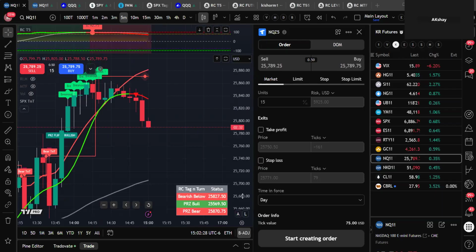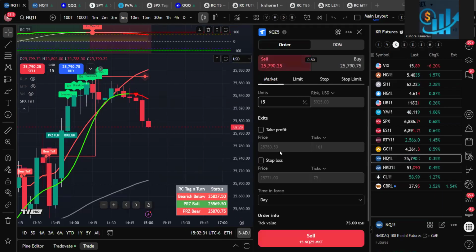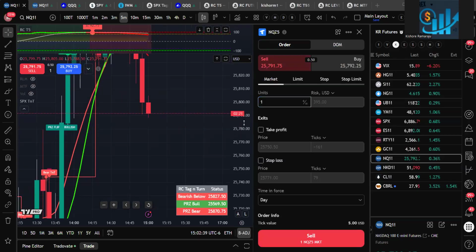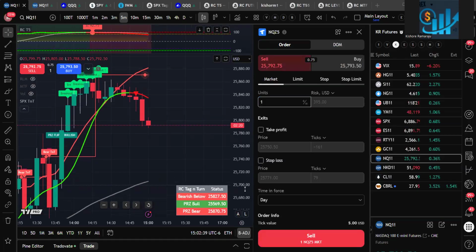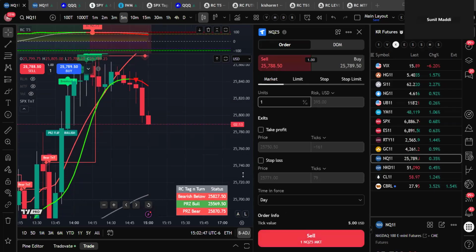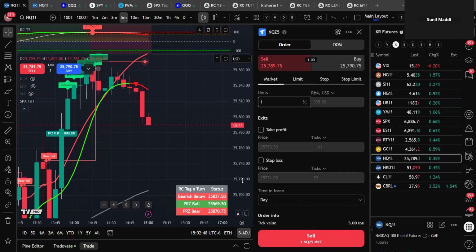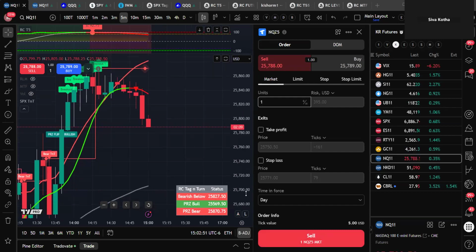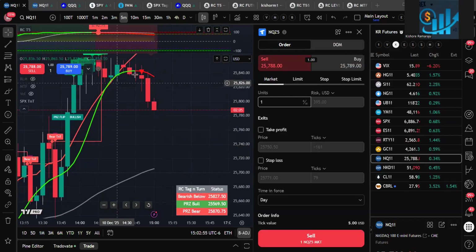We'll have night session also, right, for prop firms? Yes. Kishore, in personal account, can we short ES? Yeah, we can. We'll see a drop overnight.